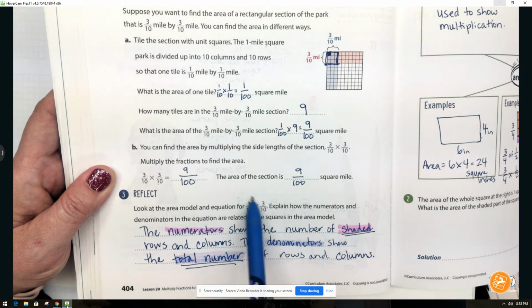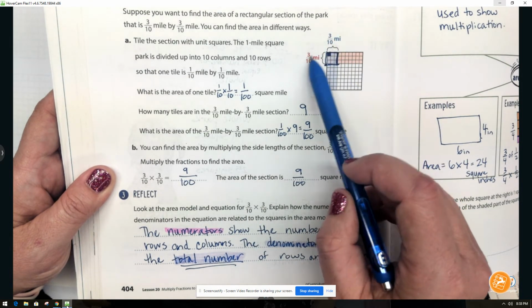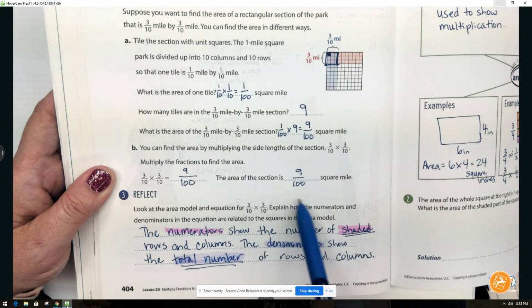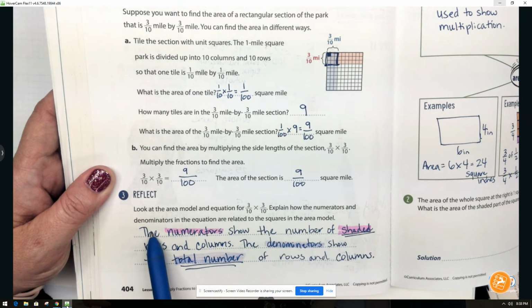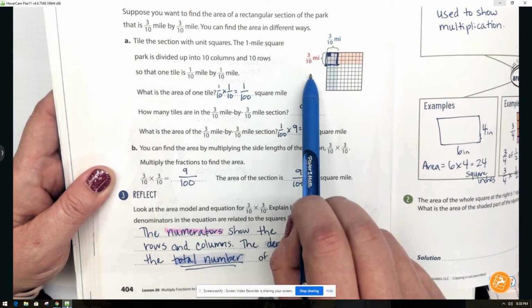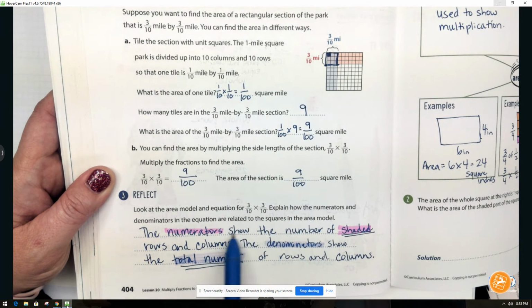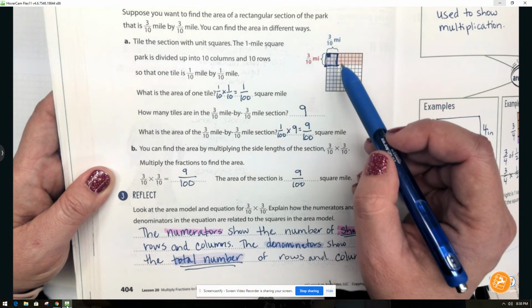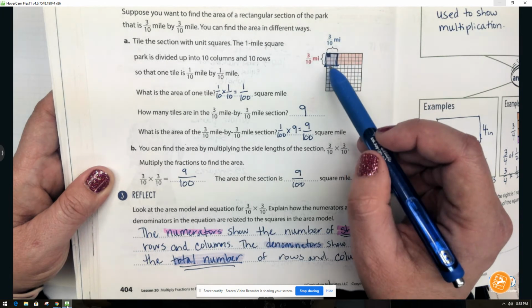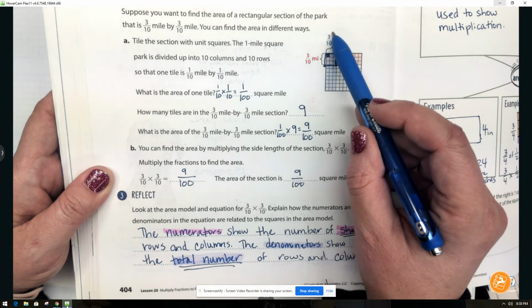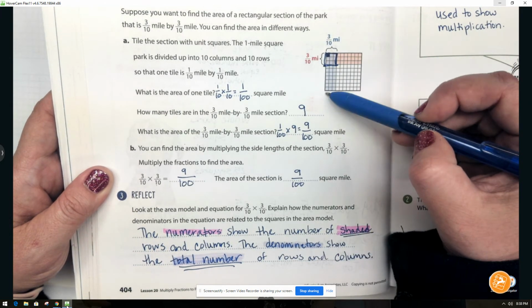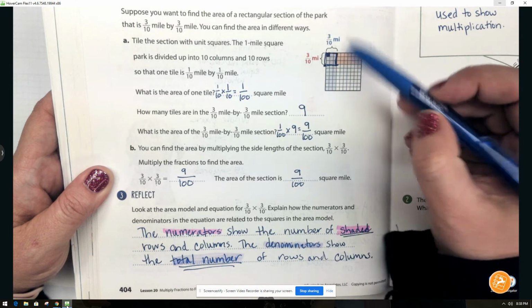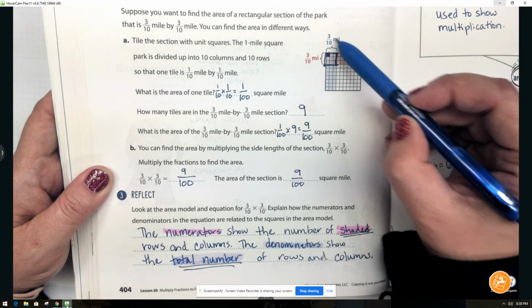In both the equation and in the area model, the numerators show the number of shaded rows and columns. So this numerator here tells us we're going to color in 3 columns because the numerator is 3.